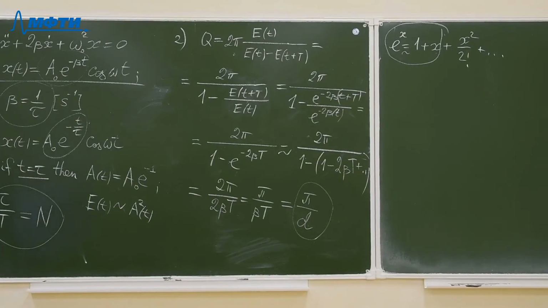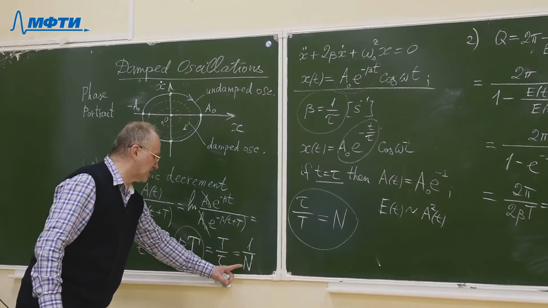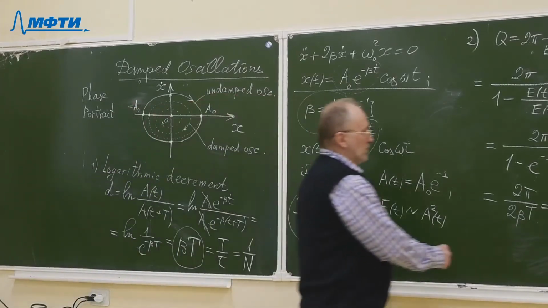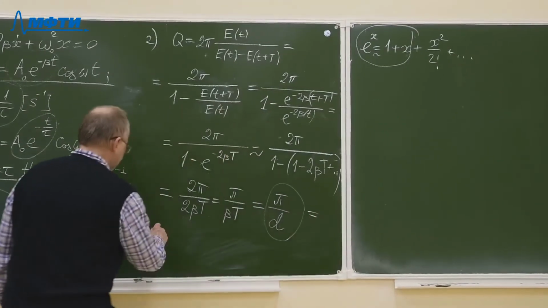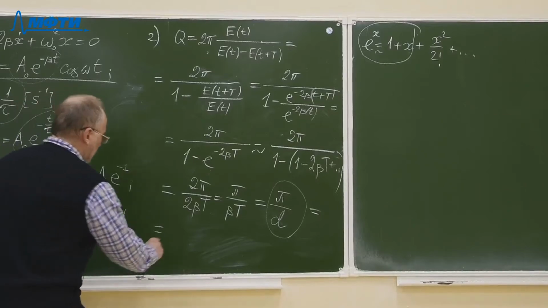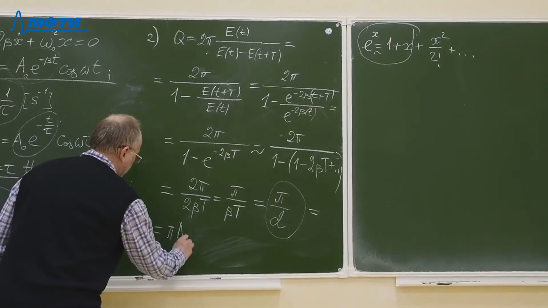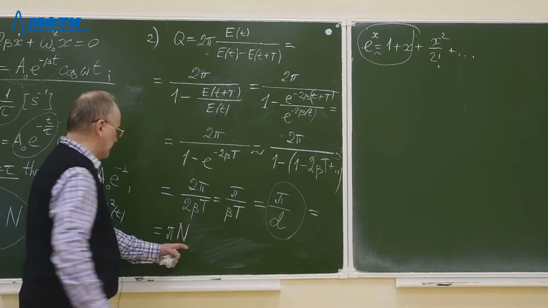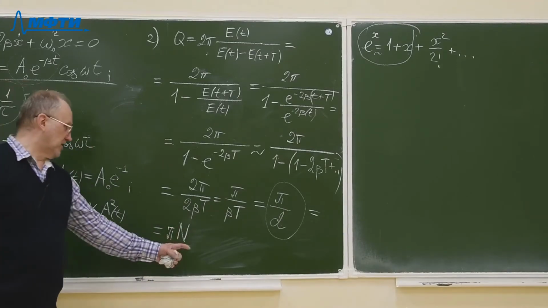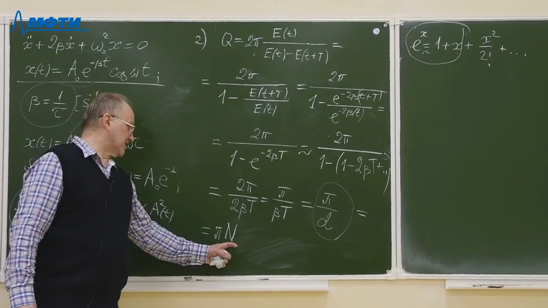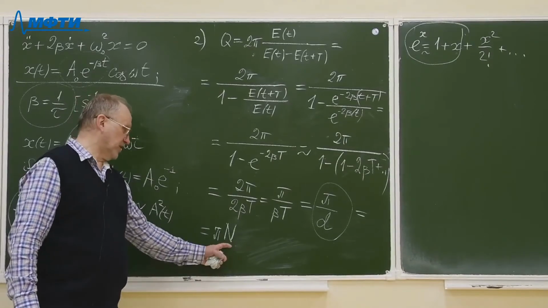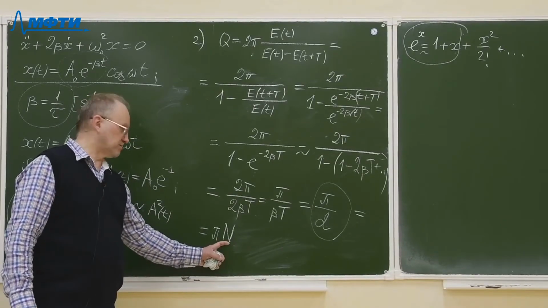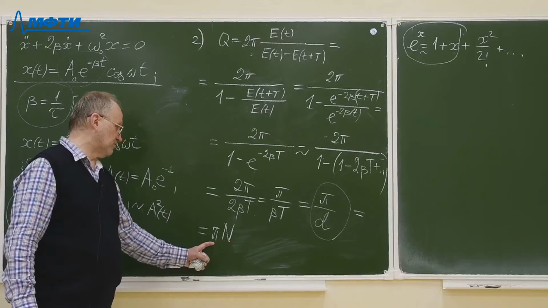And the logarithmic decrement was found to be 1 divided by n. So this can be continued and presented in the form pi n, where n is the number of oscillations during which the amplitude decreases by a factor of e. So it may be thousands of oscillations multiplied by pi.